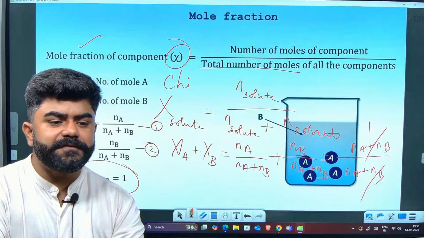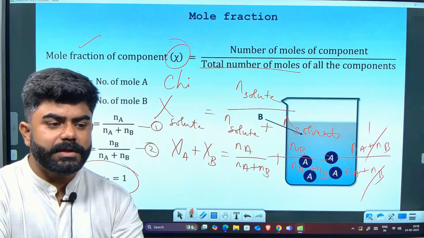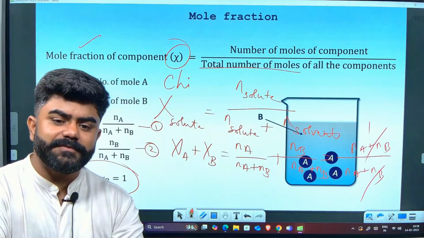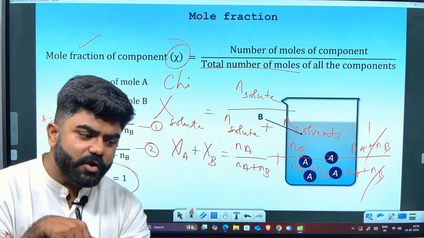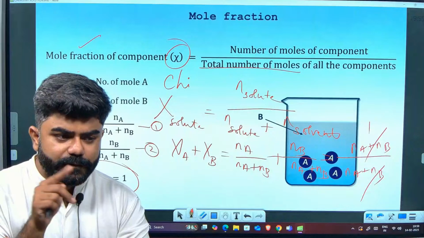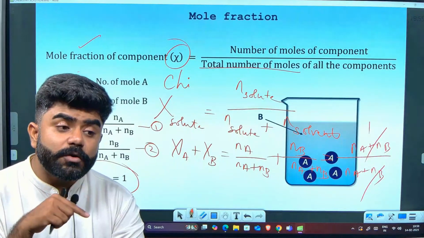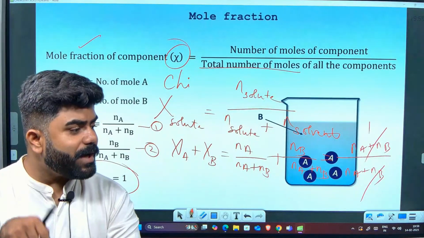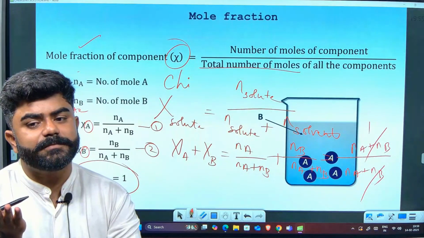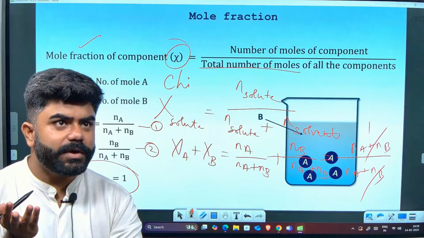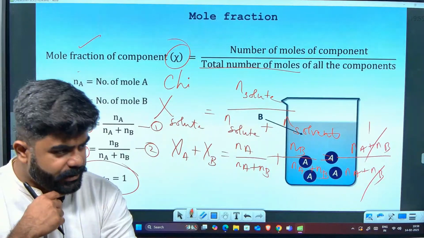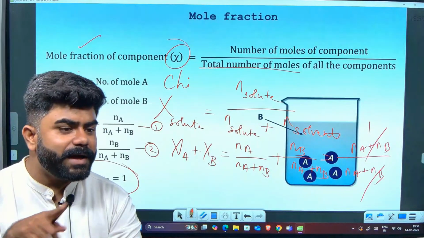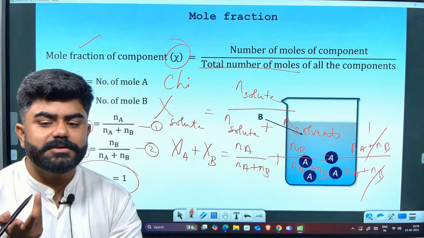Mole fraction of alcohol is equal to number of moles of alcohol divided by total number of moles of solution. So how many moles of alcohol are here? 4. So 4 divided by 4 plus 6. So 4 by 10, which is 0.4. Similarly, how will you find the mole fraction of water? 6 divided by 10, which is 0.6.